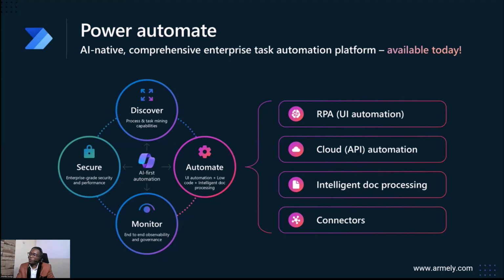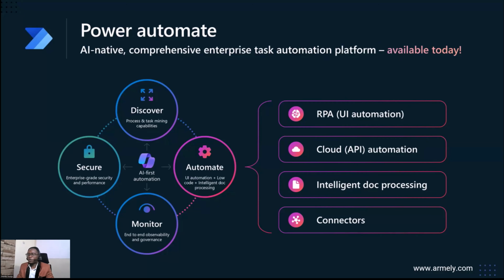When you go to cloud automation, this is a cloud flow that connects with systems that have an API. For example, if I want to pull data from a database and there's an API connection, then I'll use a cloud flow. But if I want to send data to a system that does not have an API, that's the point I use the RPA, Power Automate Desktop.